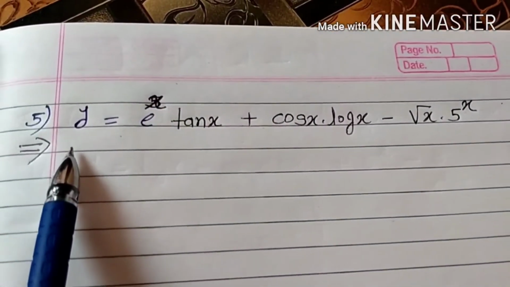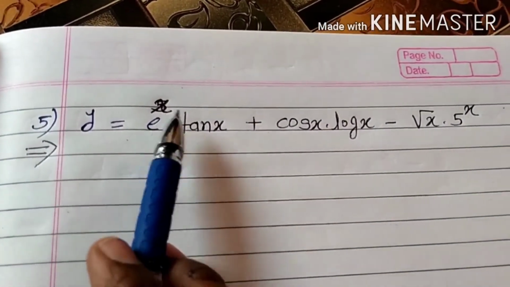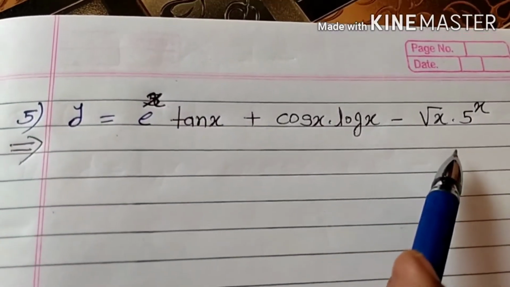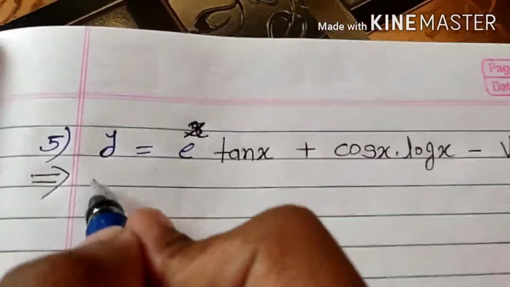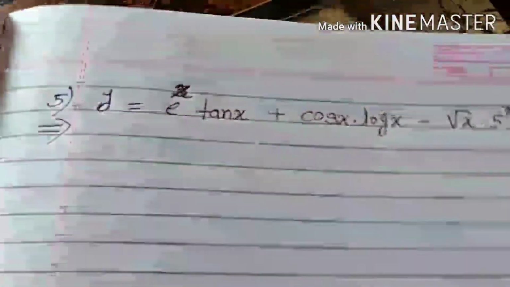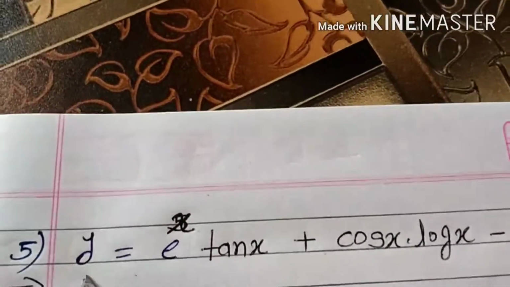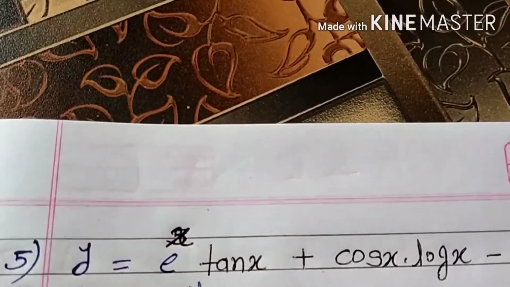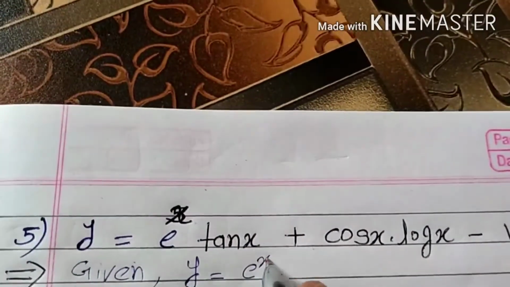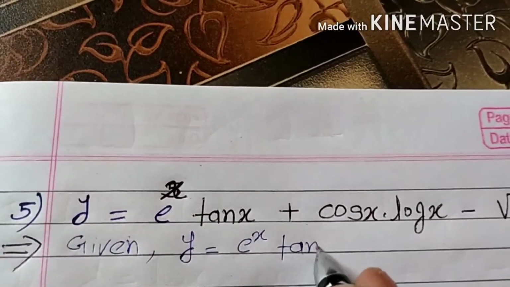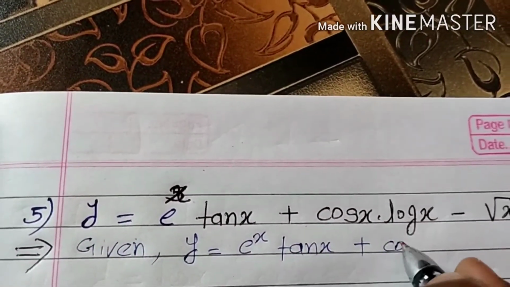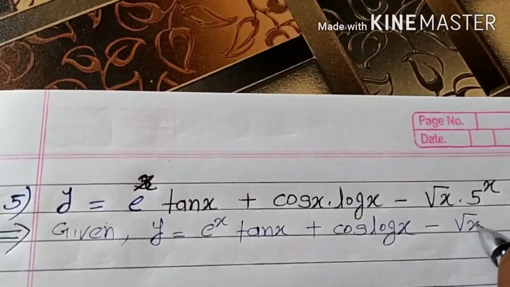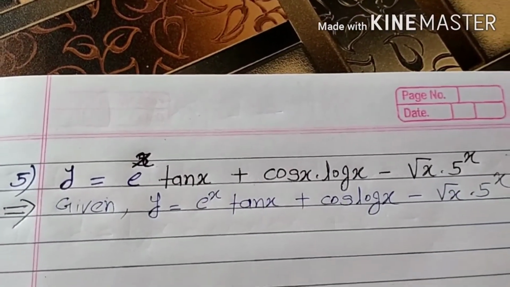Now this is next example. Y is equal to e raised to x tan x plus cos x log x minus root x into 5 raised to x. So first we write it given. Y is equal to e raised to x tan x plus cos x log x minus root x into 5 raised to x.